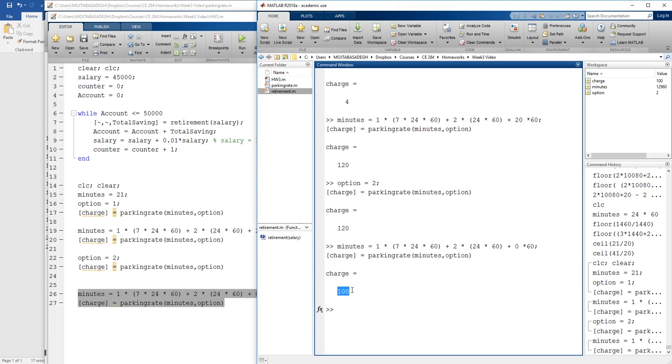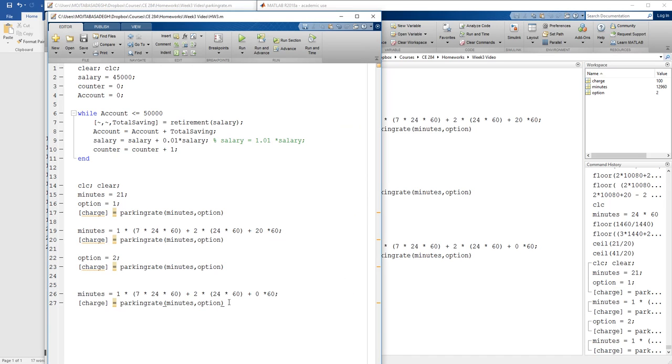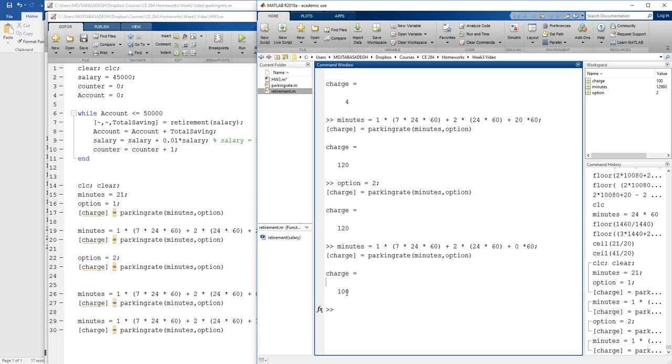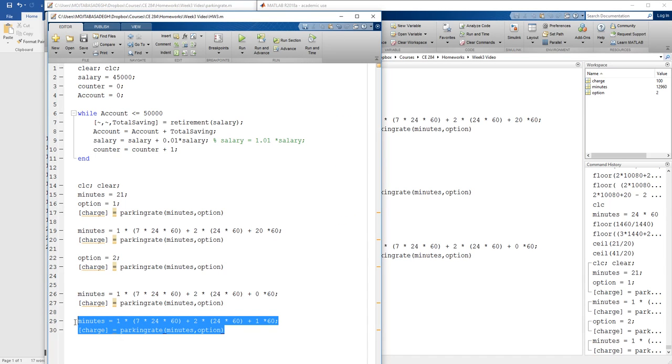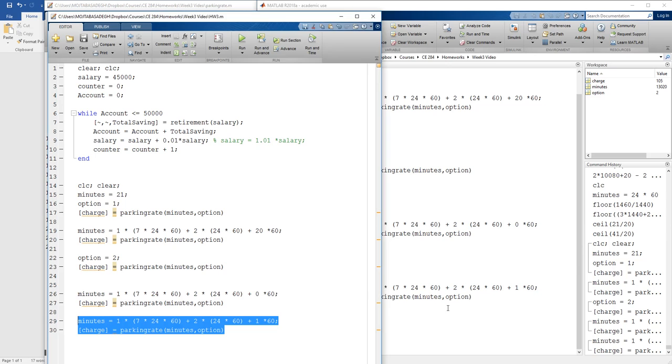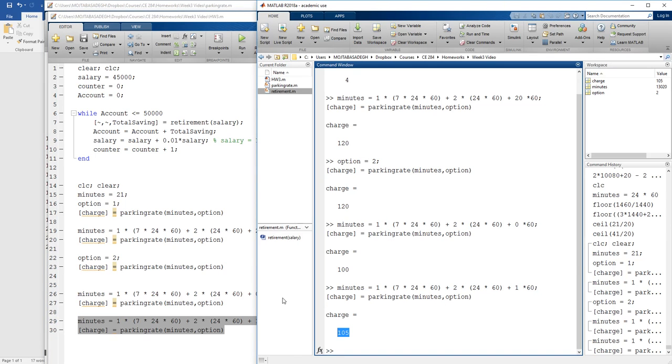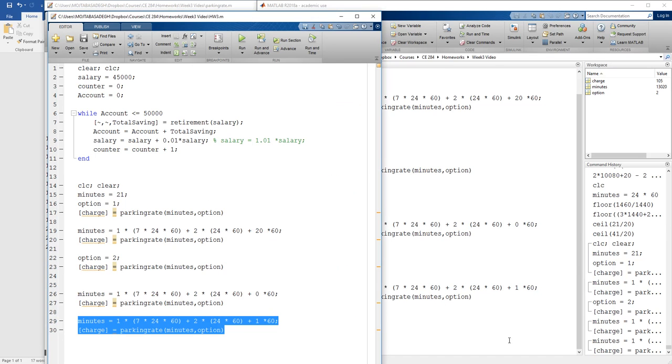So that gives me $100 right here. If you have 1 week, 2 days, 1 hour, it's going to be $105. And that's what we get. So basically our function is correct. Perfect.